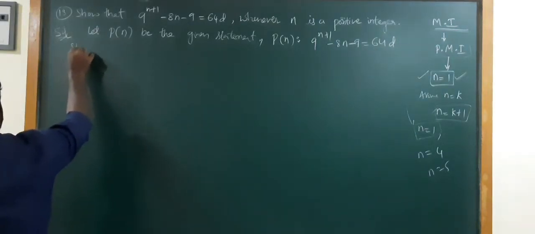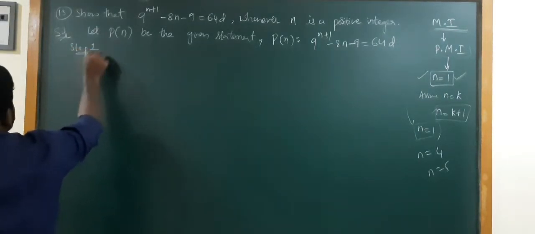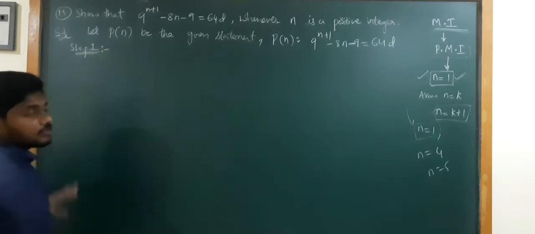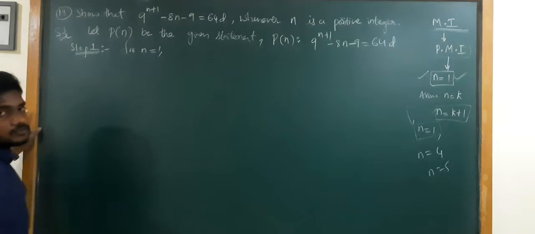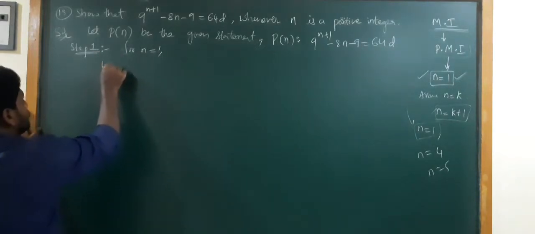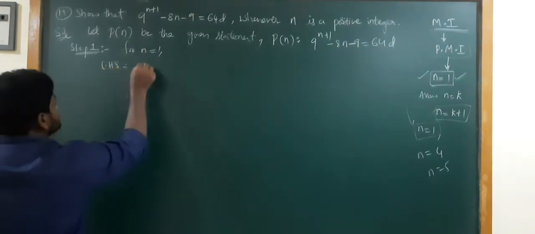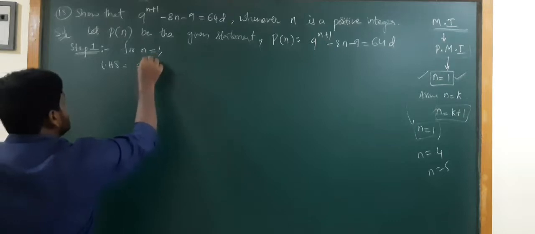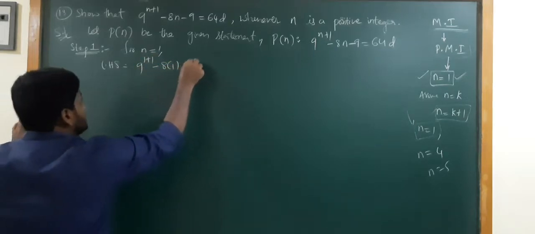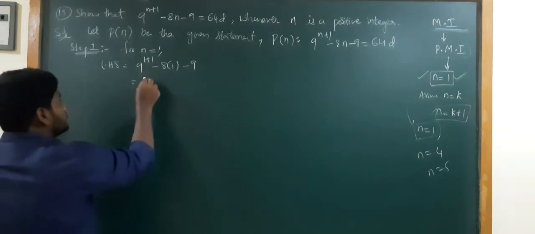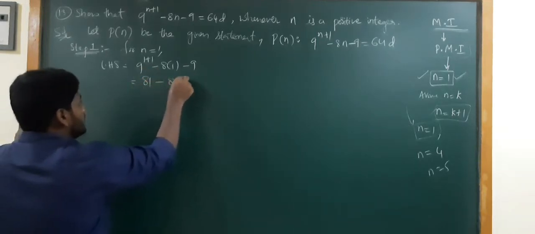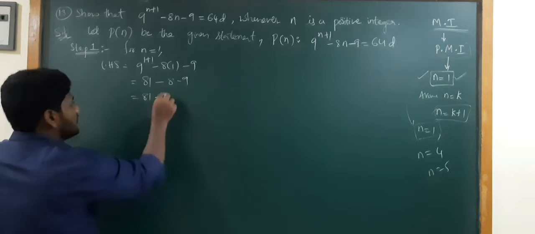Now first step, that is step 1. Here we have 3 steps. First, n equal to 1. For n equal to 1, what is LHS? 9 to the power of 1 plus 1 minus 8 into 1 minus 9. 9 to the power of 1 plus 1 is nothing but 9 square, 81, minus 8 minus 9, which is 81 minus 17.